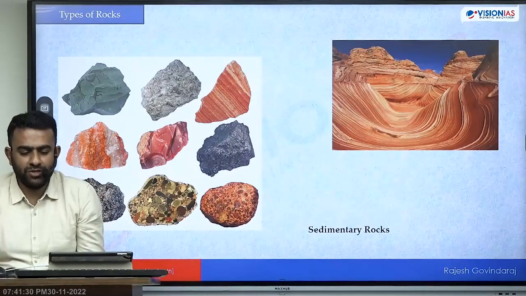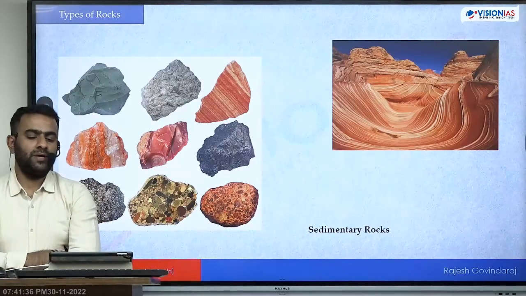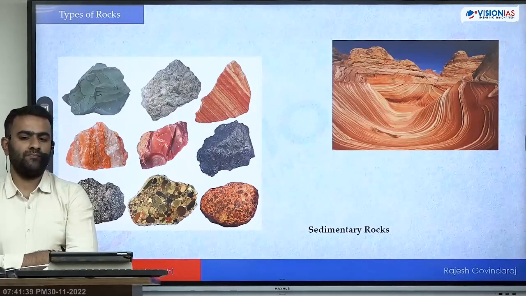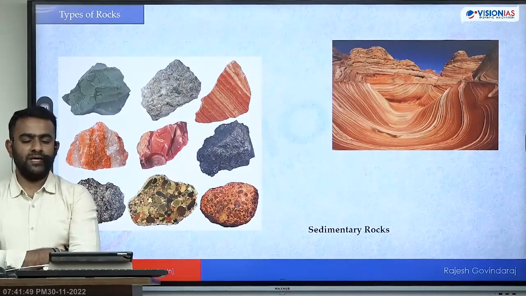Stages in the formation of a sedimentary rock. First, degradation.